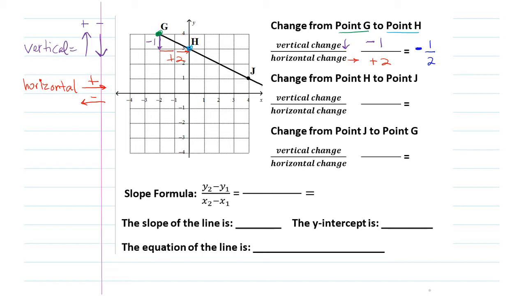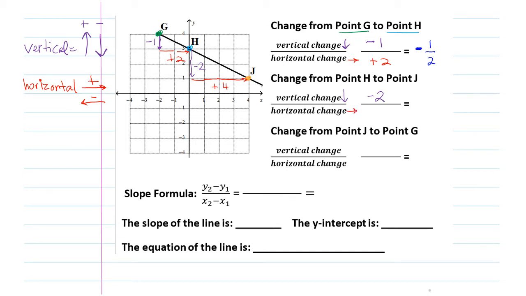Okay, so let's look at the exact same line and go from point H to point J. Okay, so if I'm looking at my vertical change again, from point H, I have to go down 2 this time to get level with J. So I went down 2, which would be -2, and then from there I had to go 1, 2, 3, 4 to the right, so that's a +4.